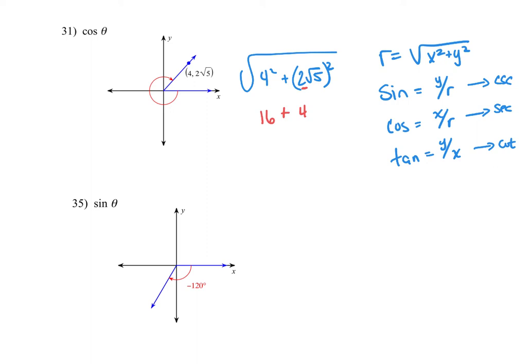That's 4, and remember when you square a square root, that's just what's inside. So you have 16 plus 20, which is 36. The square root of 36 is just 6. So that means your r is 6. So now you just have to put x over r for cosine. Cosine is x over r. X is 4. R is 6. 2/3.